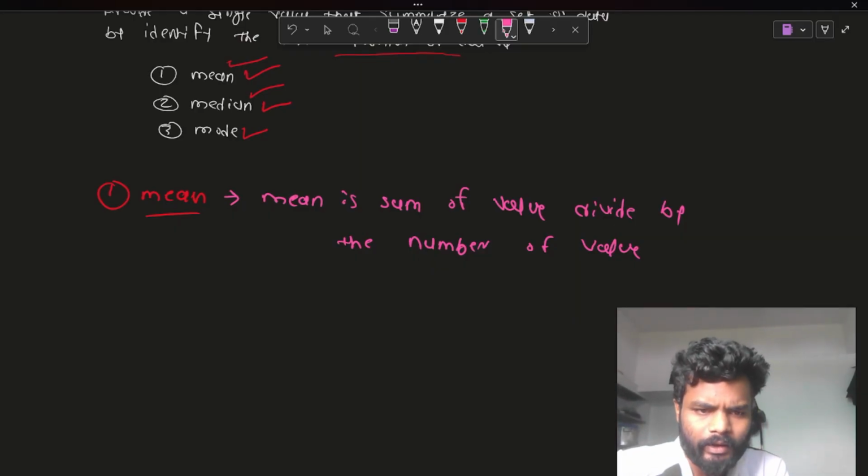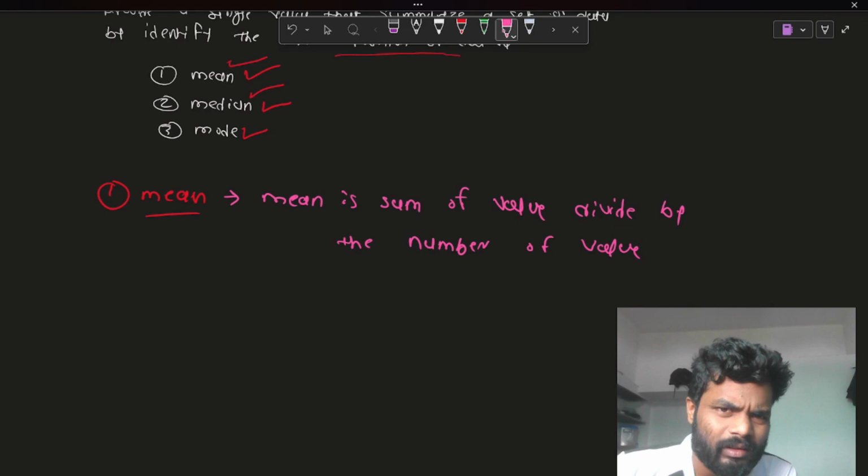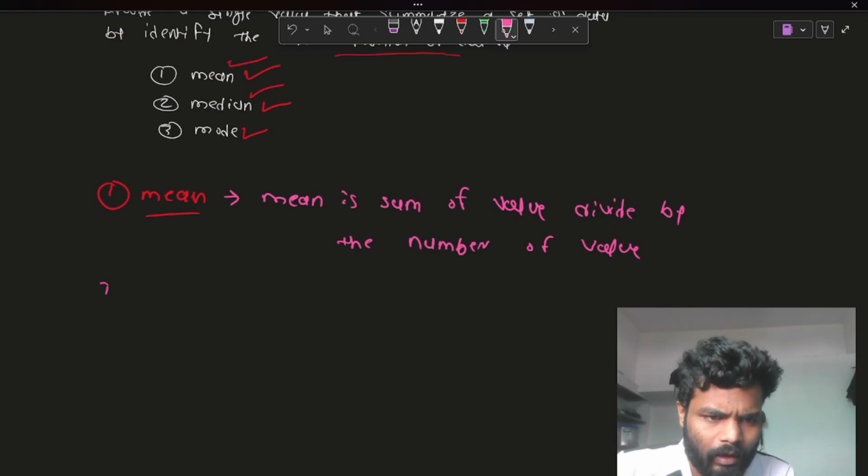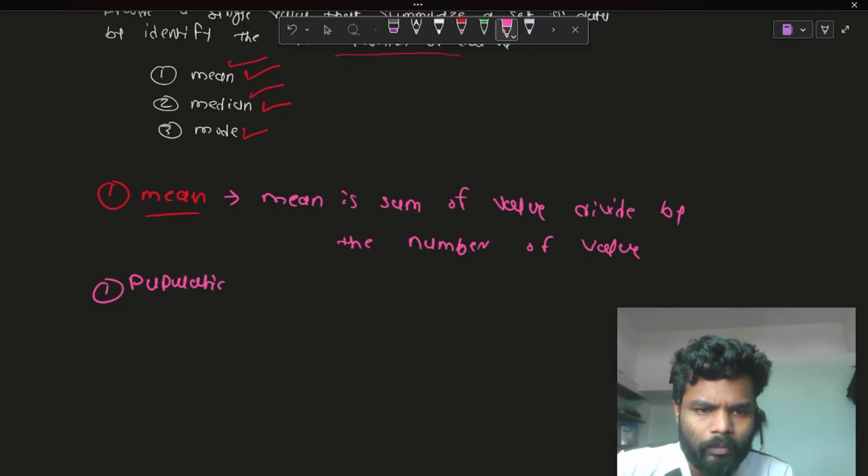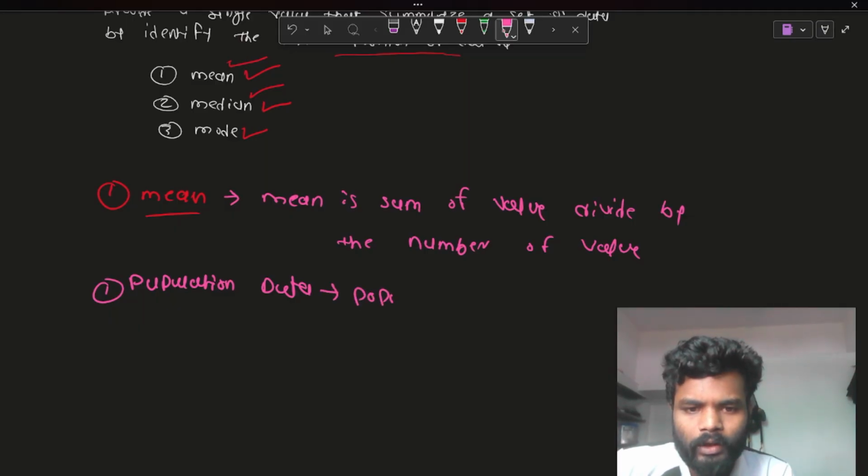In the mean, when you learn about data sets, there are two types of data. First is population data, and for population data we calculate the population mean.